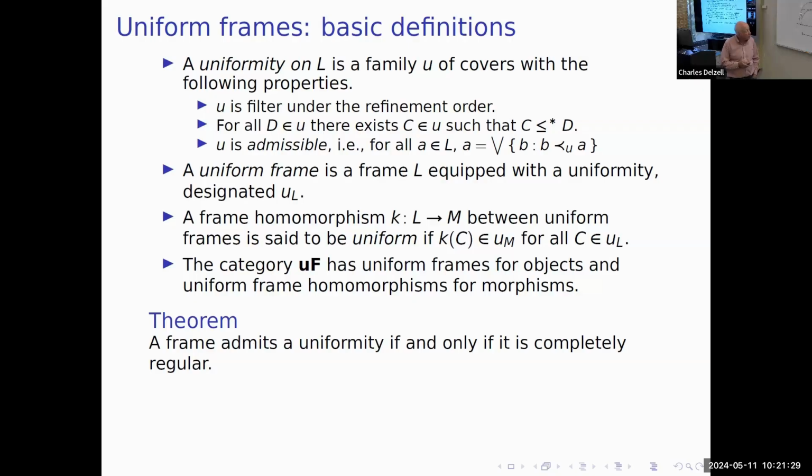That last requirement is called admissibility. The uniform frame is a frame equipped with the uniformity. I will designate the uniformity by subscripting it with the name of the frame. And a frame homomorphism is said to be uniform if it takes covers to covers. So that gives us then the category UF of uniform frames and uniform frame homomorphisms.